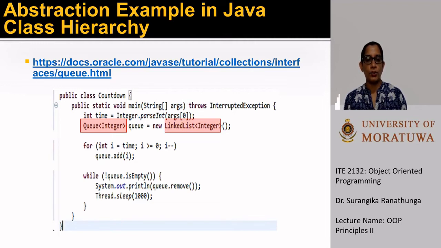That is why we can call Q.add, because this Q has the abstract method definition add. When it is being executed, it realizes that this Q actually refers to a LinkedList object, so it will go and execute the method in the LinkedList. However, we can write this piece of code as Q.add because the Q interface has the abstract declaration of the method add.